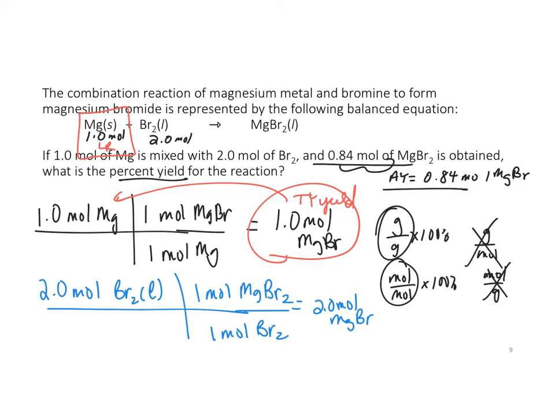And so now we do actual yield over theoretical yield times 100% to give our percent yield.